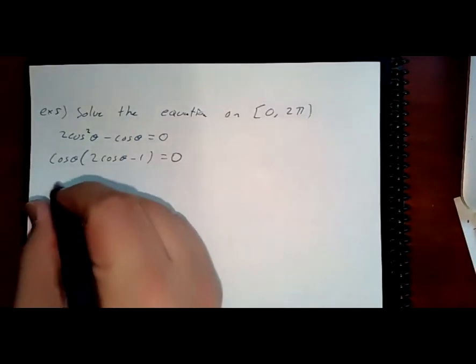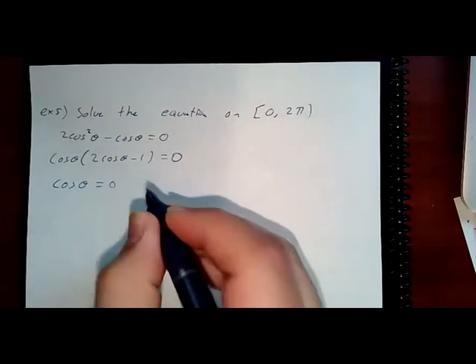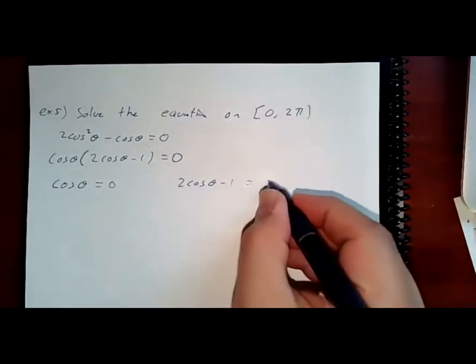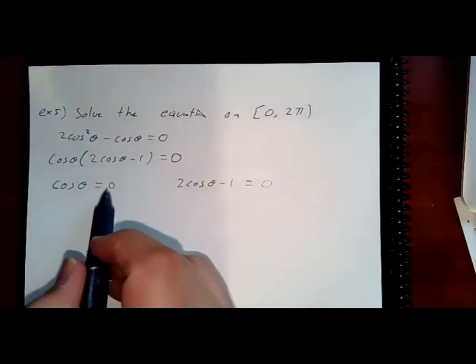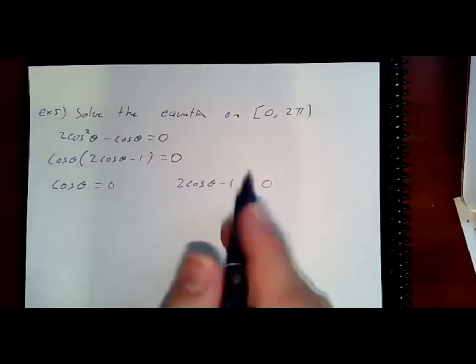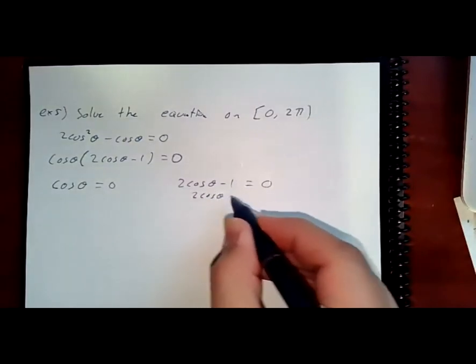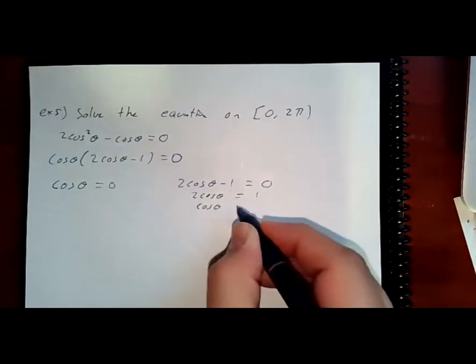Remember back in middle school maybe, when you have 2 things that are factored equal to 0, you can set each part equal to 0, right? So now you have 2 equations to solve. This one's not too bad. This one we still got to do some work. Move the 1 over by addition and then divide by 2. That gives us this.